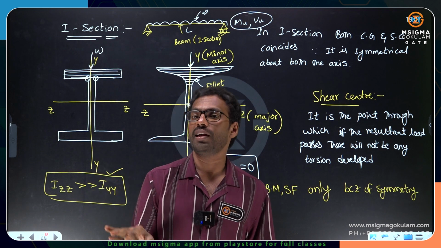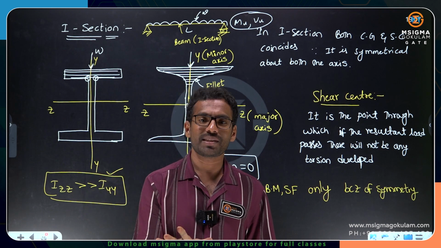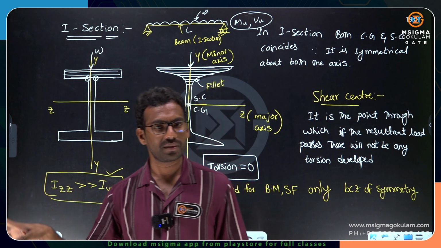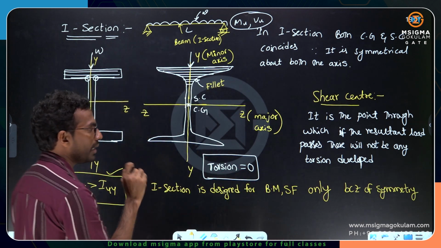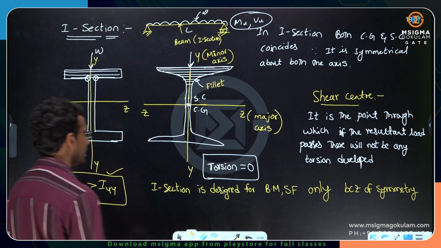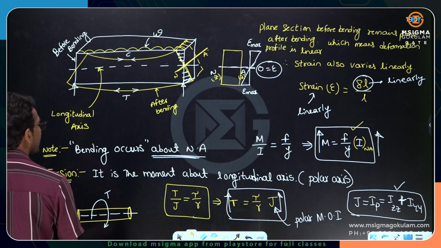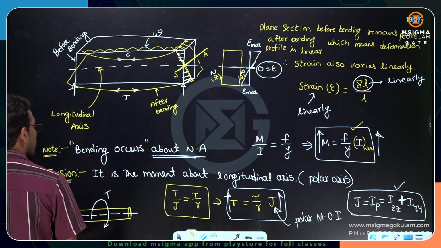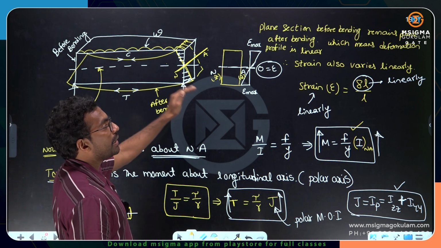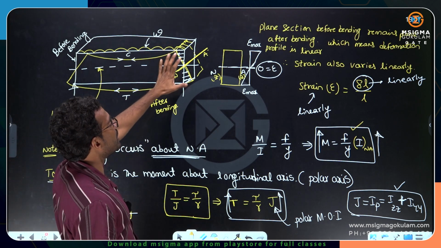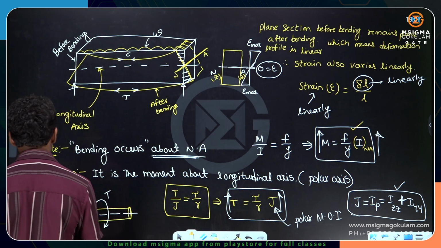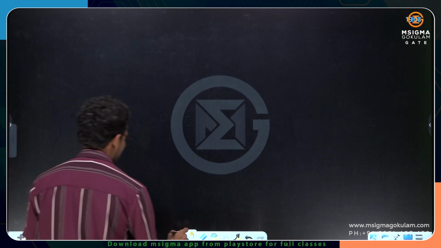This is already proved by the researchers. But you have to understand, in the examination they ask this kind of question. So what I am trying to say here is that in case of bending, the most efficient section we can go for is the I section. That is what I am trying to say.